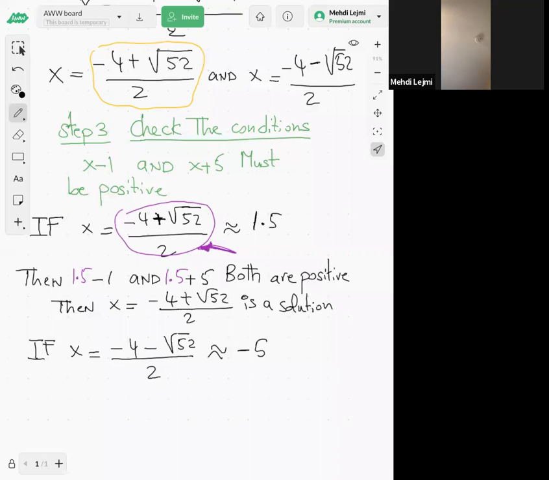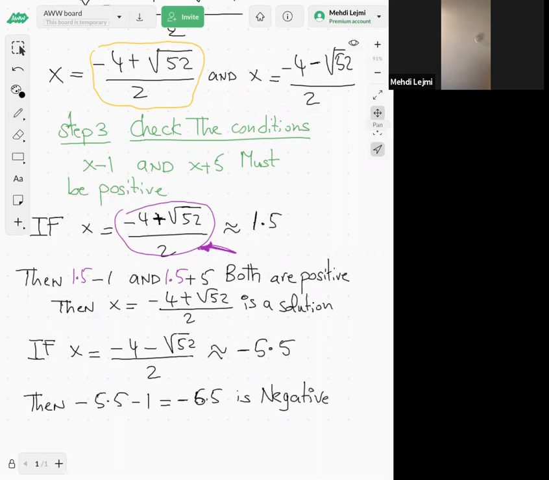Let's say negative 5.5. Then negative 5.5 minus 1 will be negative 6.5. Even if you add the 5, it is also going to be negative. But anyway, if one of them is negative, like negative 5.5 minus 1, that is negative 6.5. So this is negative, and then you have to reject.